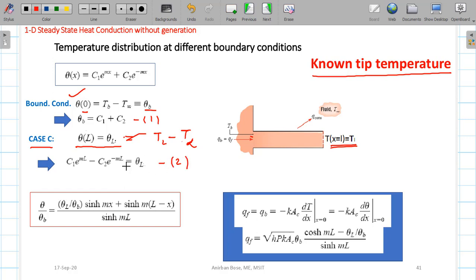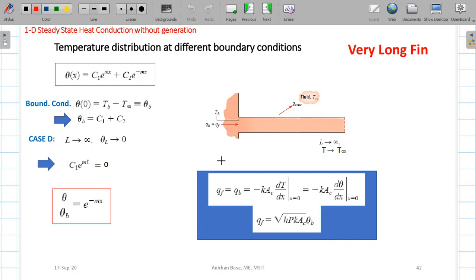Solve these two and you can find C1 and C2. If you put C1 and C2 you will get the temperature distribution theta. Once you know theta, the next thing is to find Q_f in a similar way. Find the gradient at x equals 0 multiplied by k times A_c. If you do that you will get this expression for the rate of heat transfer for the known tip temperature.